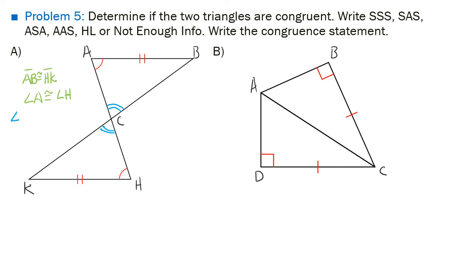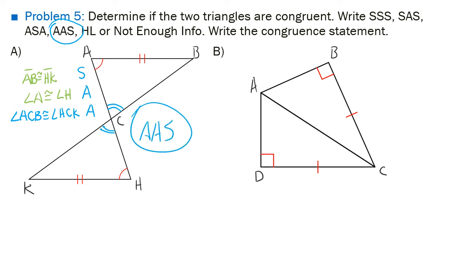So angle ACB would be congruent to angle HCK. These two vertical angles. That means we have a side, an angle, and then another angle. And that matches up to this one here. Two angles and then a side in that order. So it doesn't matter if it's AAS or SAA. It's going to be able to prove that they are congruent by AAS.